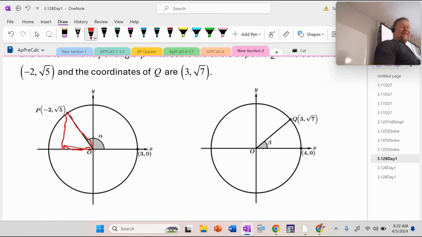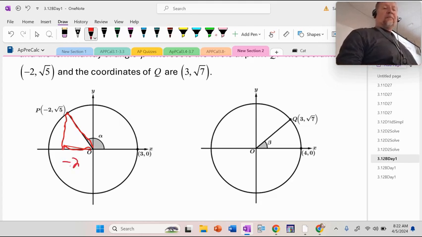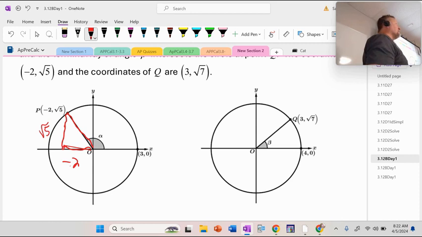It's root 5 here. And then how could I get r? I would have to use the Pythagorean theorem. But it's a waste of time. Look at your picture. What is r? It's already on the page. I like saying 1 though, because what kind of circle have we been dealing with? The unit circle, but it's 3 because I see that point right there. Okay, unit circle is 1, but it's not. You have to look at the picture.